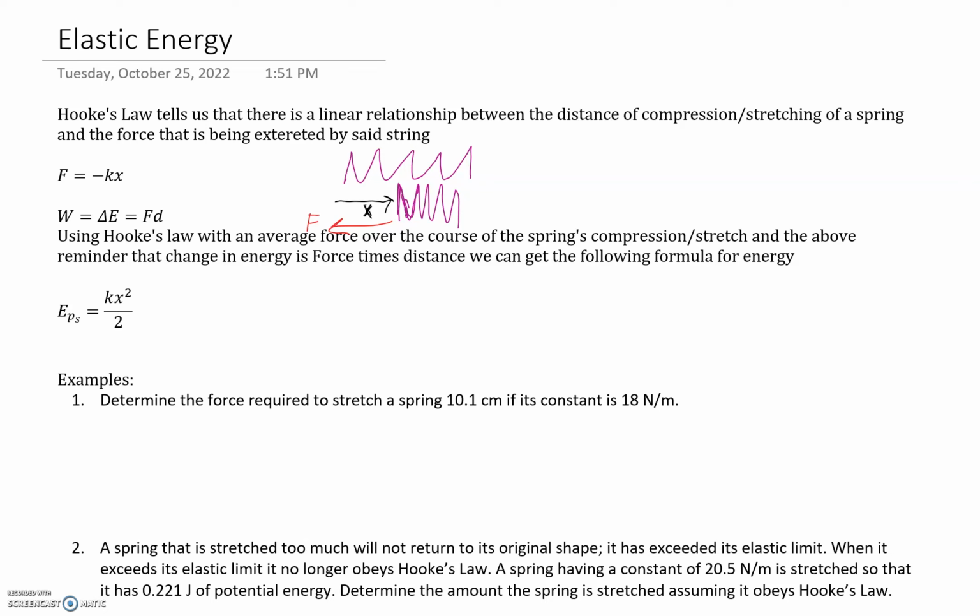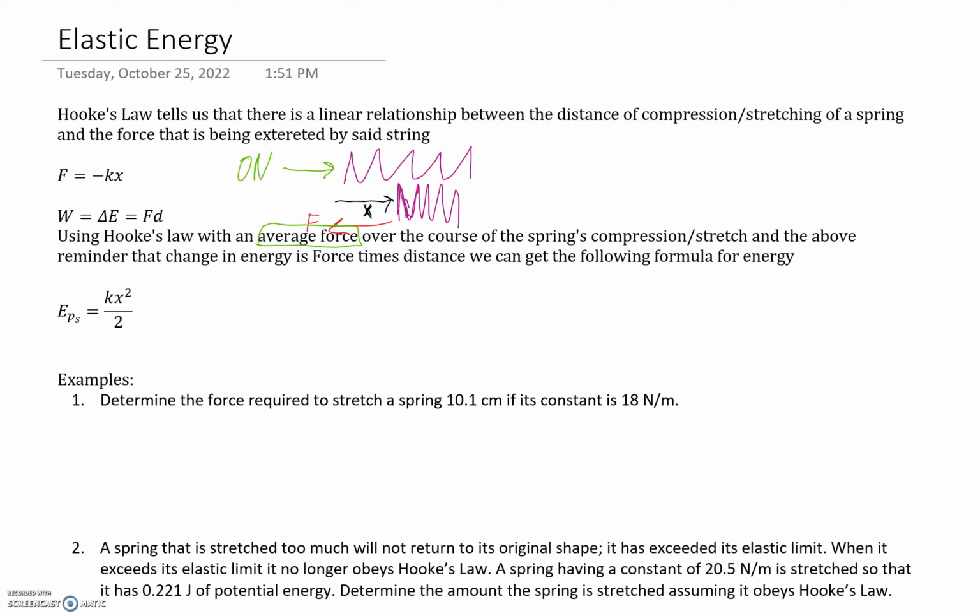times distance, which we learned about earlier in this unit. Using Hooke's law with an average force over the course of the spring's compression or stretch, and the above reminder that change in energy is force times distance, we can get the formula for energy. Basically, because we are talking about the average force over the course of a spring's stretch and compression, in the initial equilibrium point, there are no newtons of force being used.